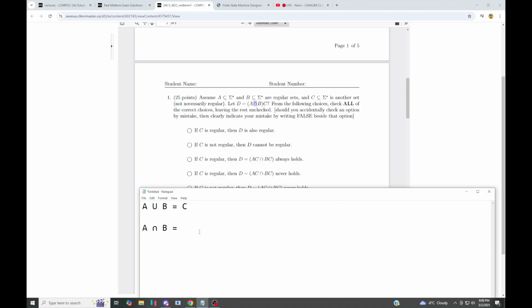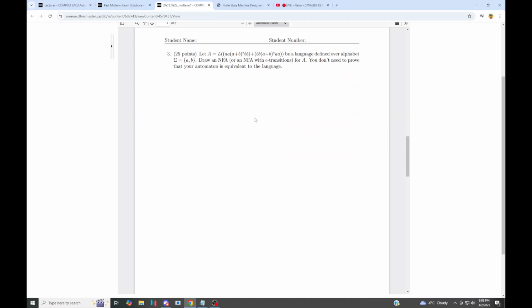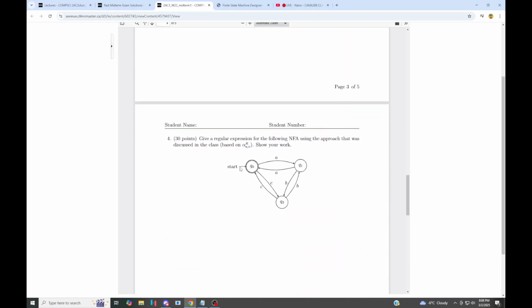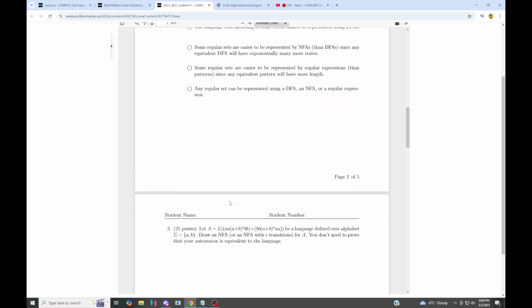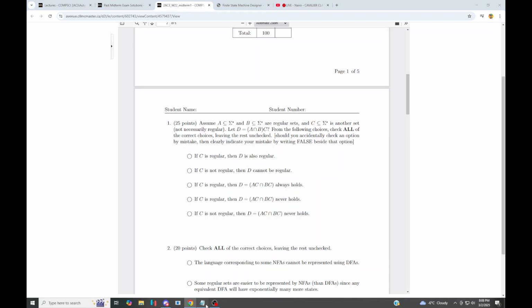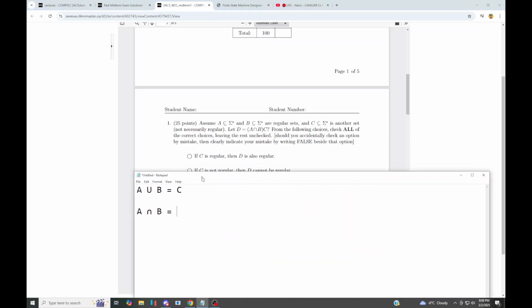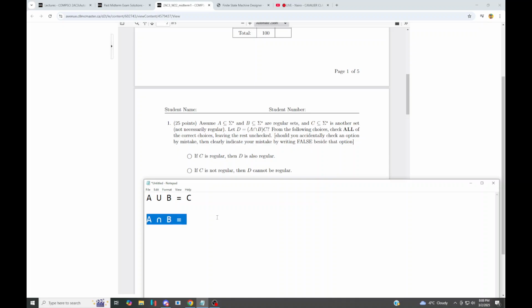But product construction you need for the intersection. I feel like product construction could be a question. It doesn't seem unreasonable that one of 3 or 4 could be something about product construction. But it's at least useful to know because it means that C is regular in this case. So just knowing these two is really important.